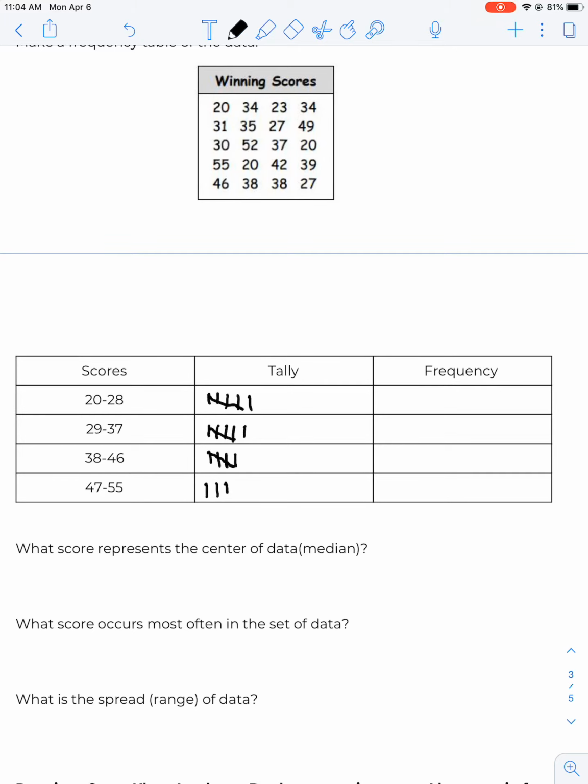There we go. That's a little bit better. So you got 6, 6, 5, and 3.